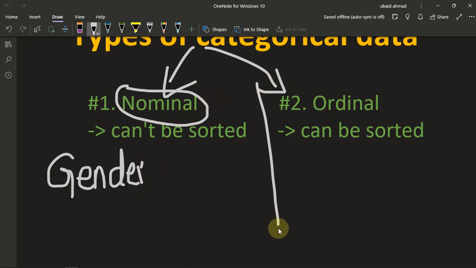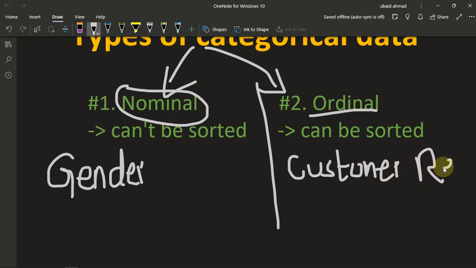And in the ordinal categorical data we can sort them out, right? Like customer review, if I want to give you an example. It is like 5 star, 4 star, or 3 star and things like that.